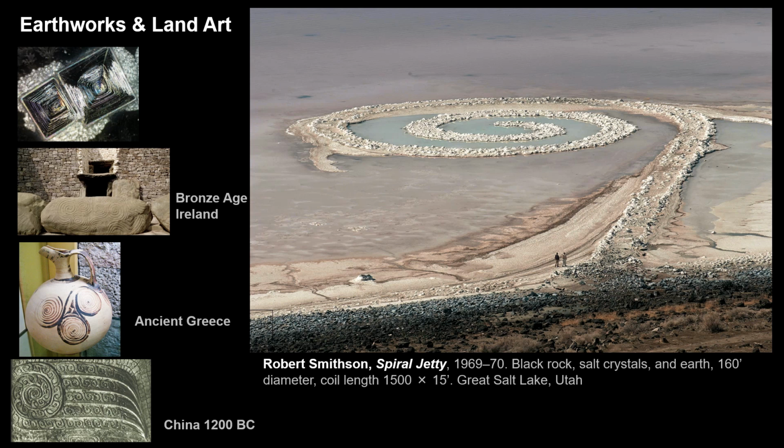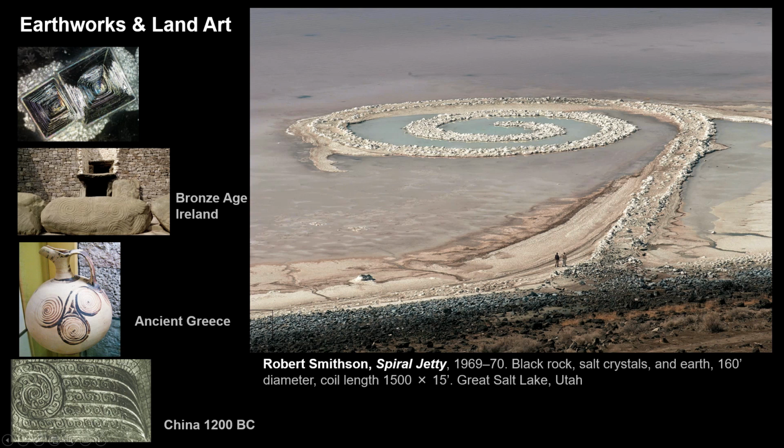So this in a way refers to the eternal symbol of water, but also it refers to the scientific makeup of water, because this is the Great Salt Lake in Utah, made up of salt crystals. And if you look at this image of the salt crystal here, examined through a high-powered microscope, you can see that the pattern formed inside the crystal is a spiral.